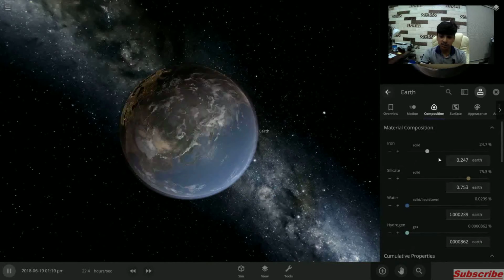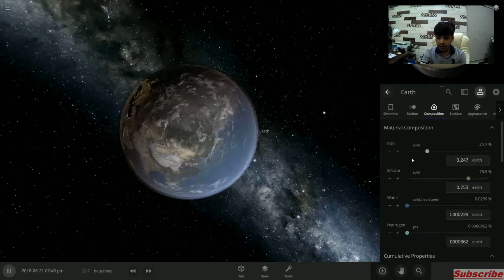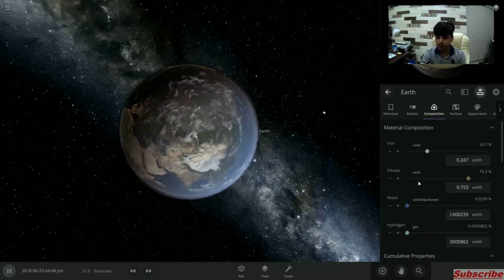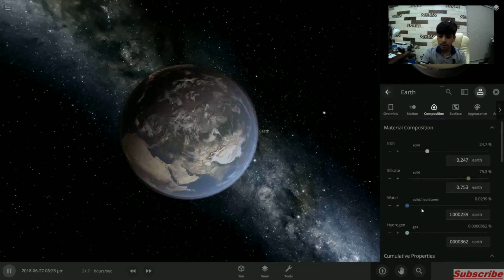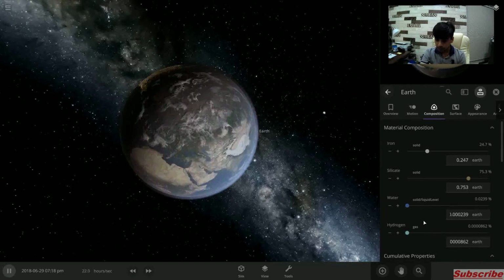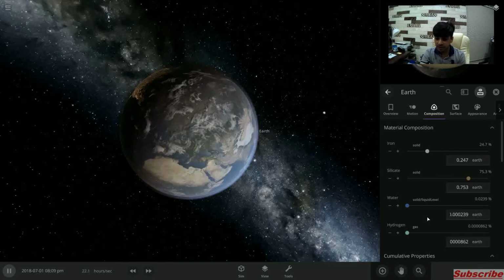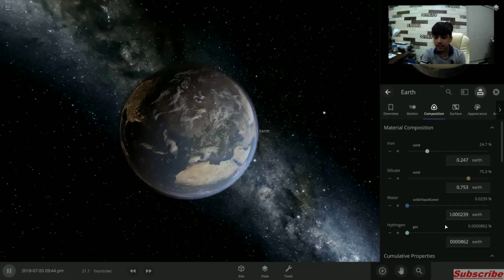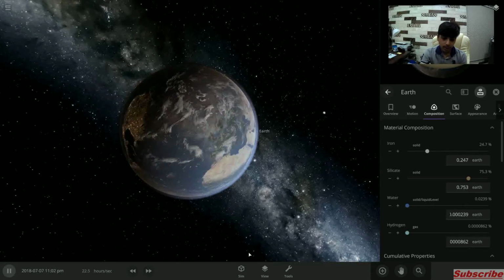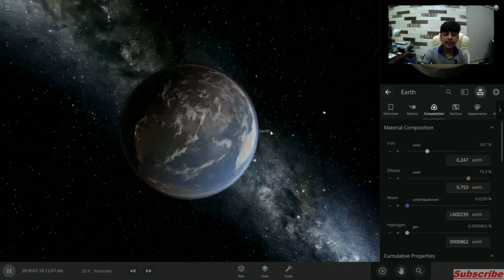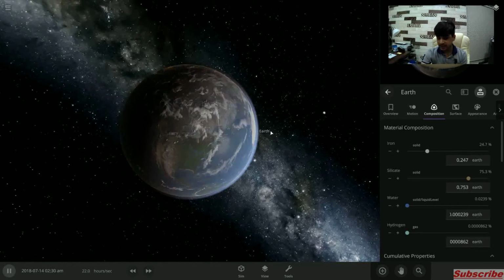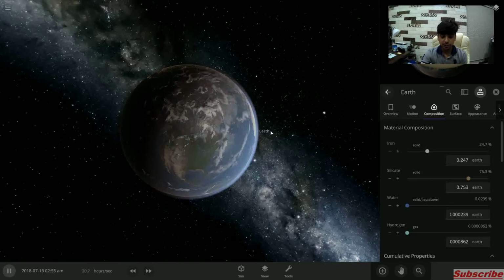It has the composition of iron 24.7%, silicate 75.3%, water 0.0239%, and hydrogen only a measly 0.0000062%. Now, Earth is inhabited by the only living things, which is us and the other species.